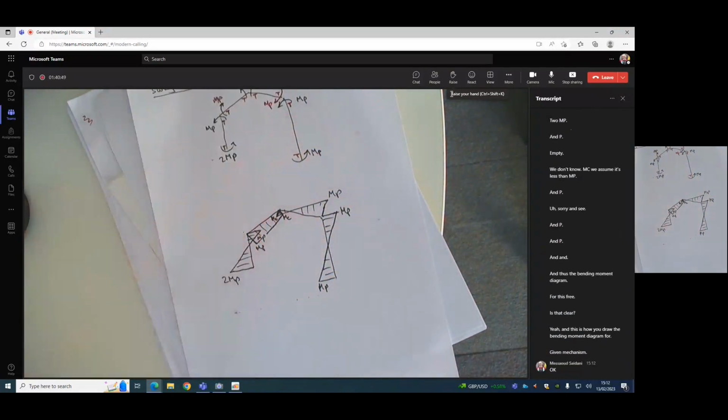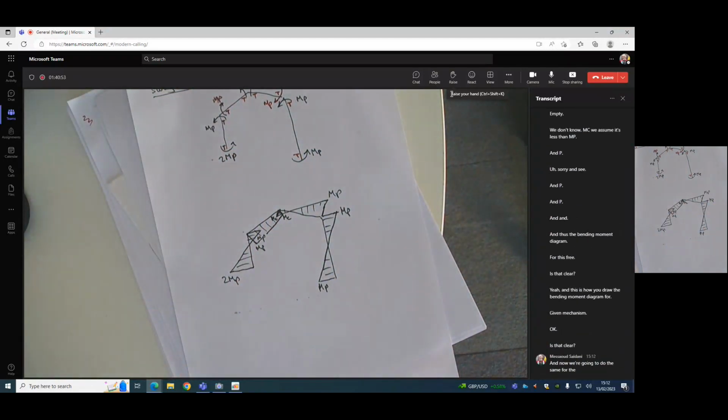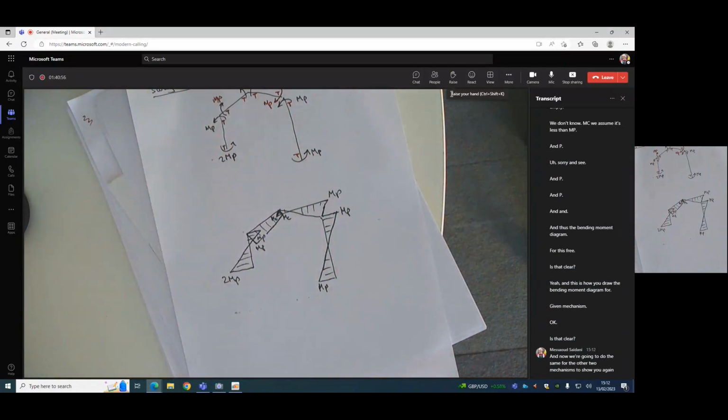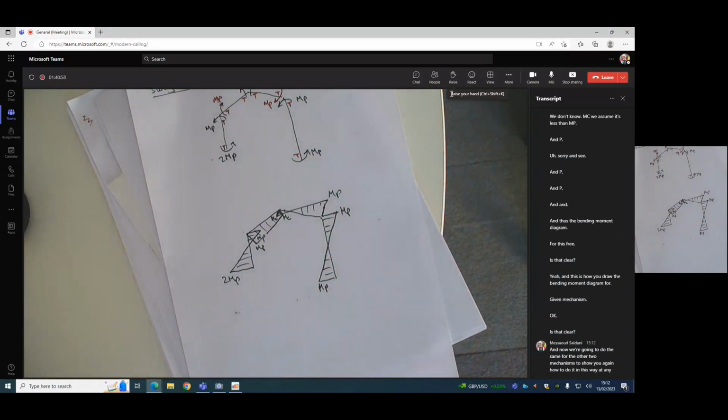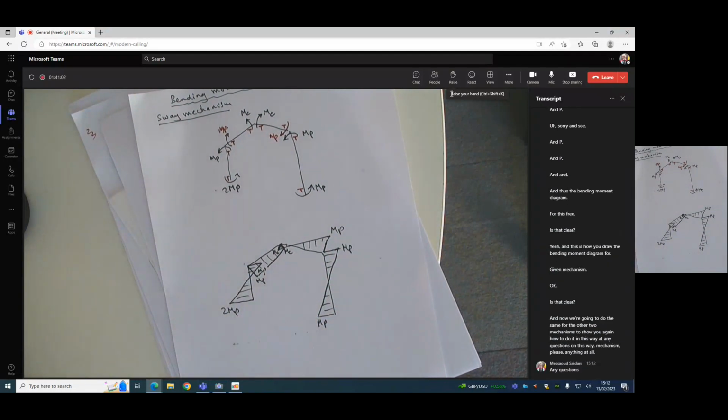Okay. Is that clear? And now we're going to do the same for the other two mechanisms to show you again how to do it in this way. Are there any questions on this sway mechanism, please? Anything at all? Any questions?